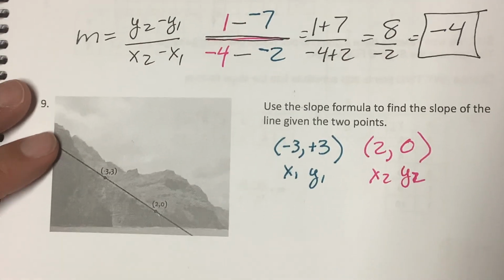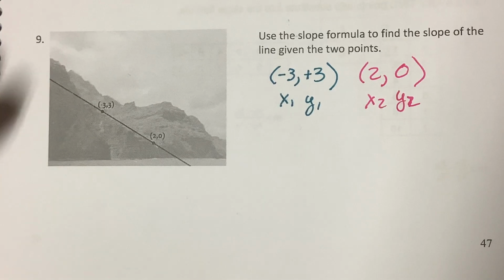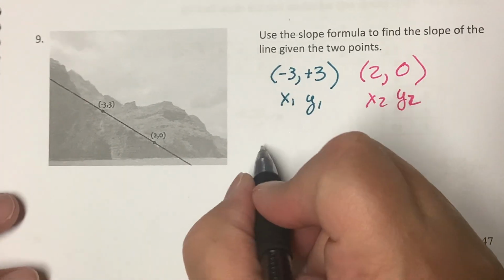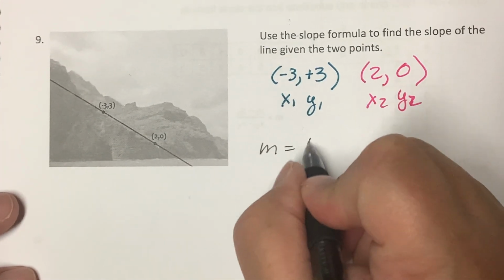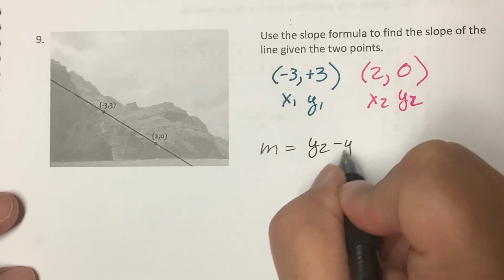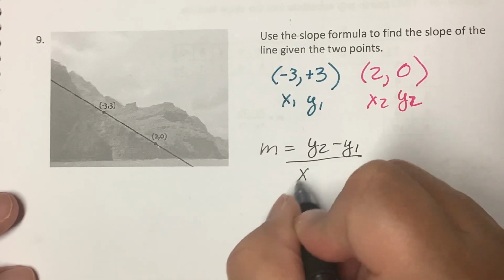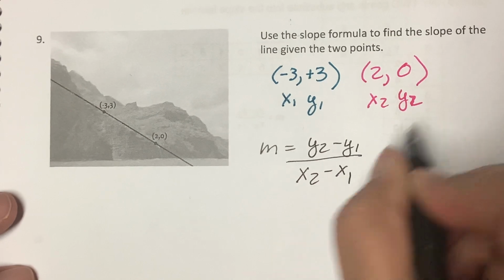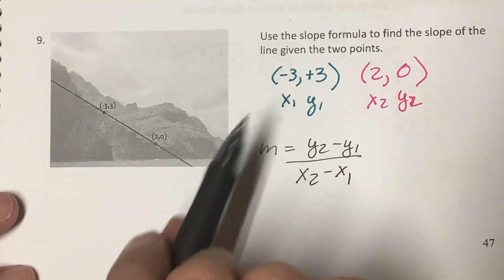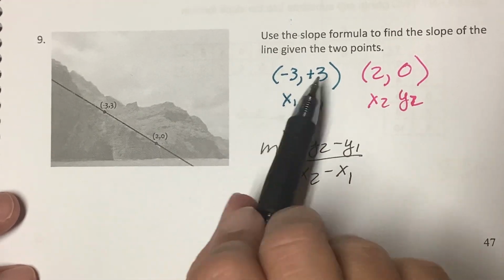Here we go. Let's look at this one. Remember, write the formula. M equals y2 minus y1 over x2 minus x1. And I already labeled everything. I took the numbers from here.